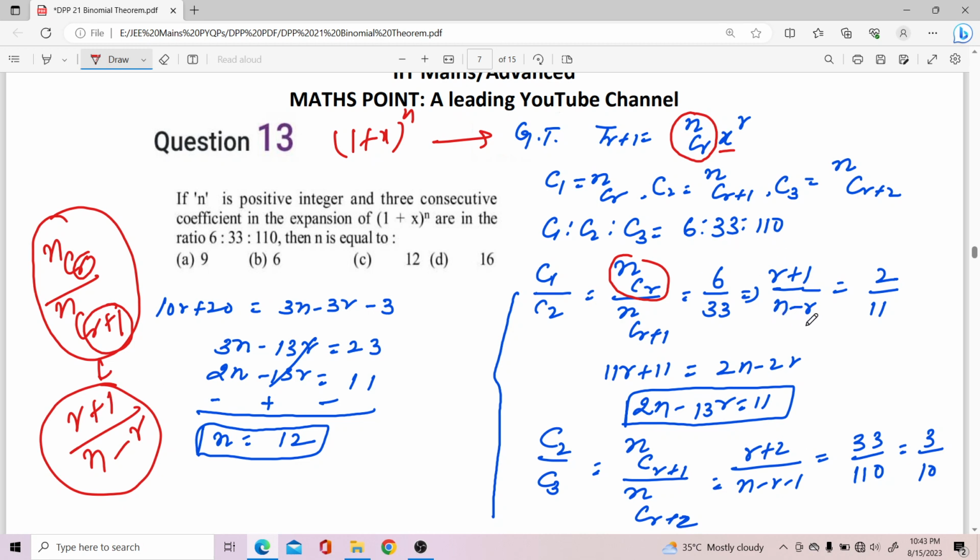So (r + 1) upon (n - r) equals 2 upon 11, because it is equal to 6 upon 33 by the given ratio. After simplification we get a relation between n and r. It is a linear equation in n and r.